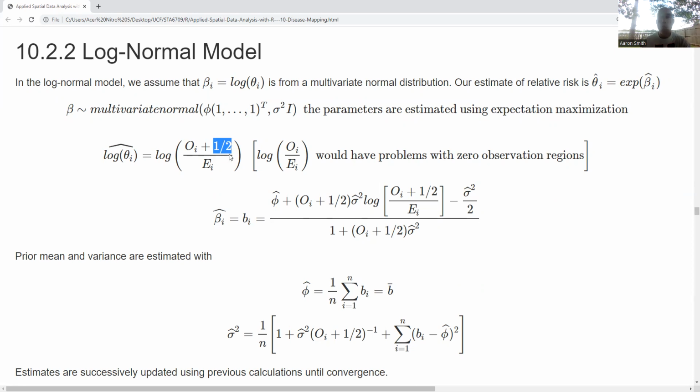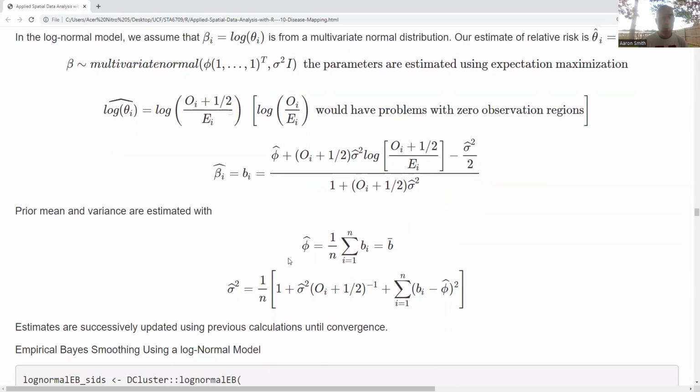So just to make sure we don't have any issues, we say 1/2 just so it computes. And so here is our beta hat like this. Now, in this process, this is going to be iteratively computed. There's going to be a back and forth until we have convergence. It's going to compute one of the estimated values, use that to improve the current estimated value of another, and then go back and forth until we get convergence, so we get better values.